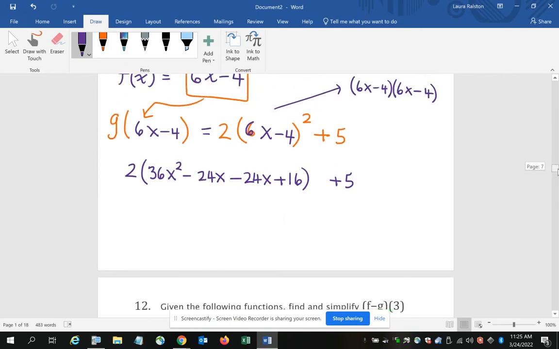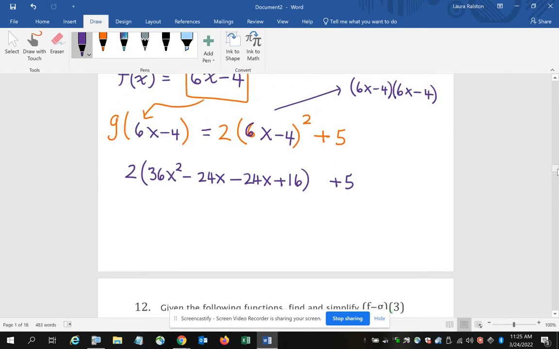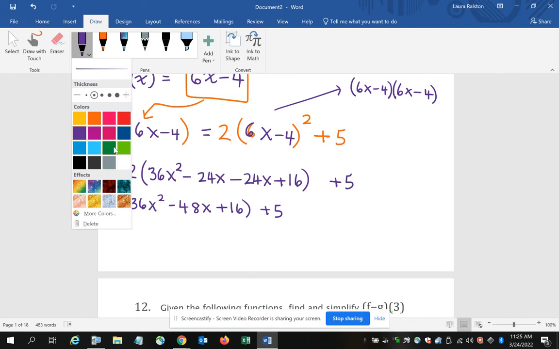From there, you can do a couple of things. You can either simplify first or distribute the 2. I probably would simplify first. So I have 36x squared minus 48x plus 16, and then the plus 5. And then I'm going back to distribute the 2.